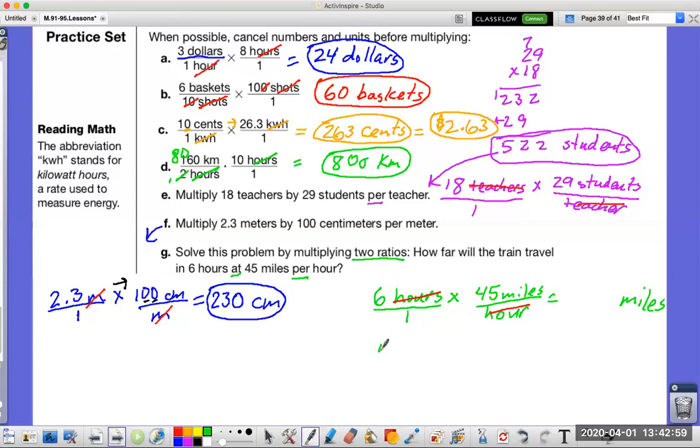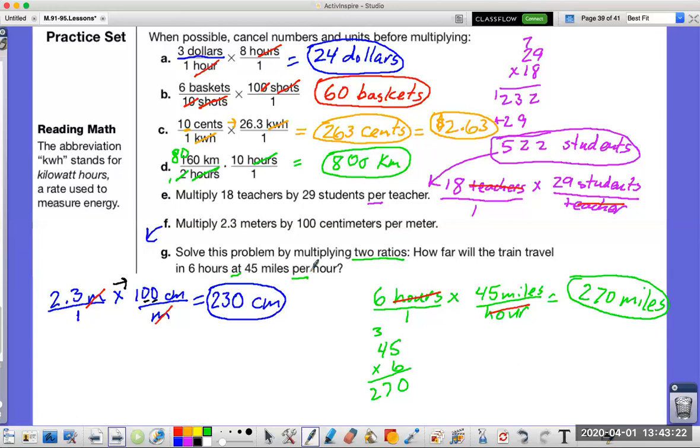All I need to do is 45 times 6. 6 times 5 is 30, and then I carry the 3, 24 plus 3 would be 27. So I should end up with 270 miles is how far that train will travel in 6 hours.